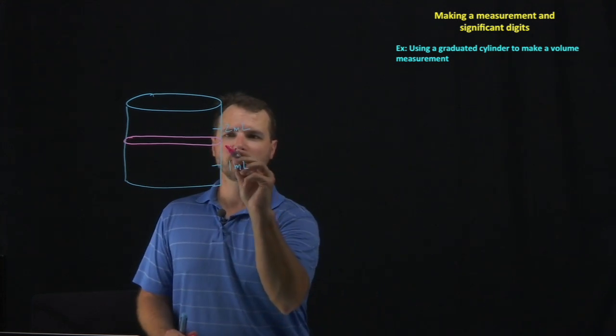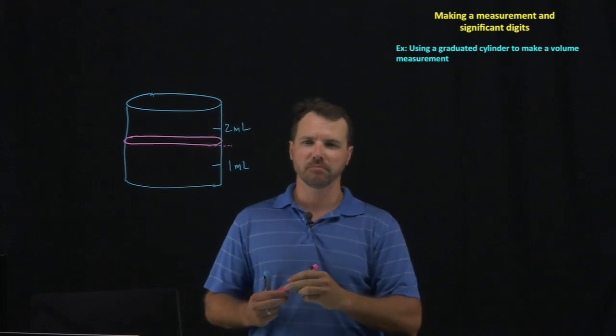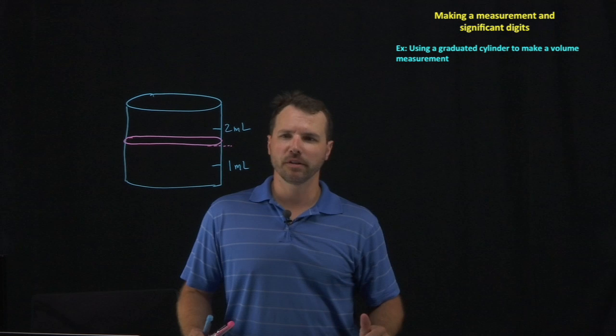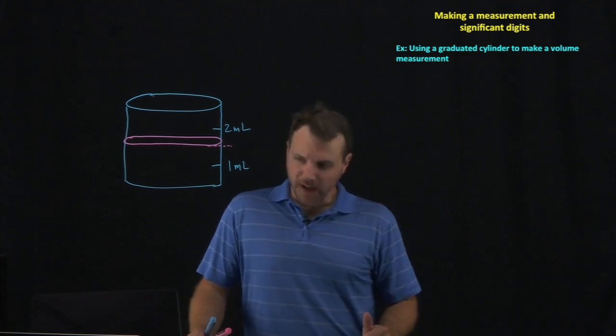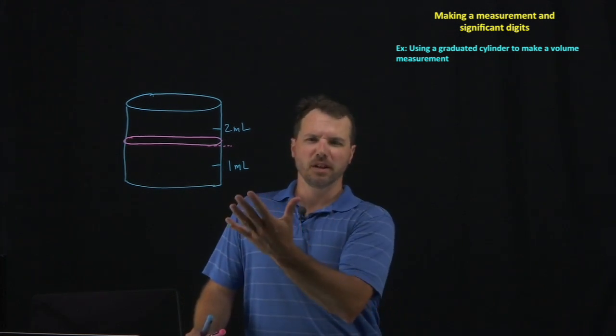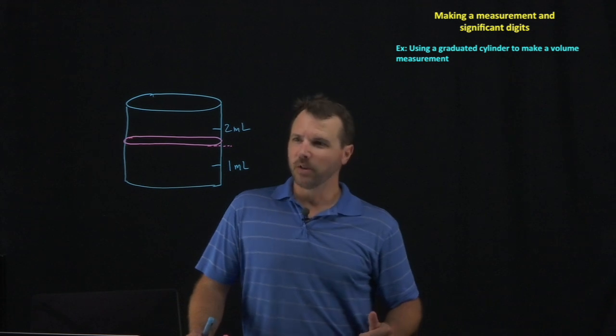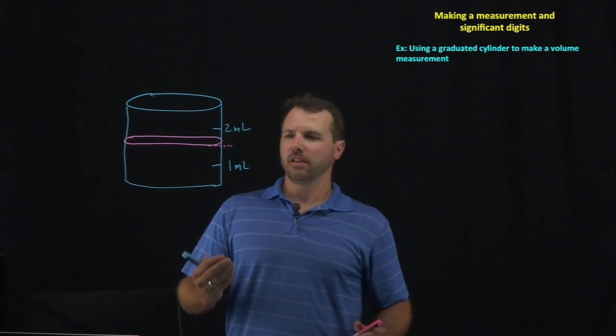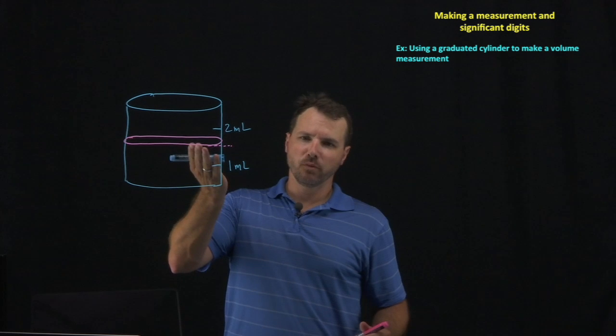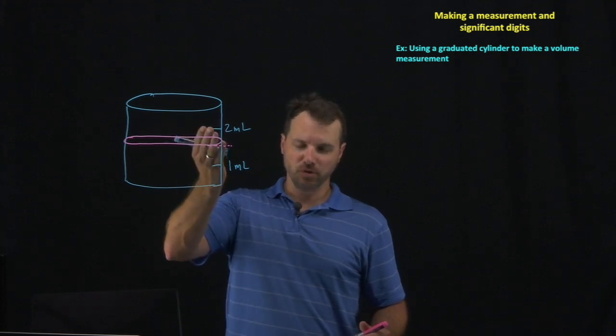We would measure to the bottom of the water level in that device. And so what we now have to decide is, what's the number that we report? We can see hopefully pretty clearly that this volume is definitely above 1 milliliter and it's below 2.